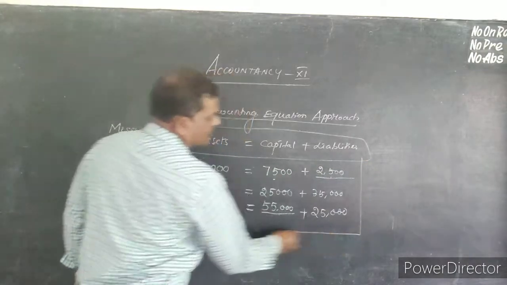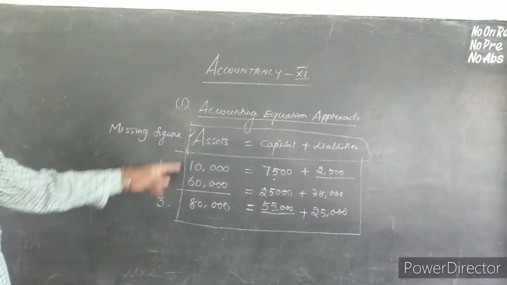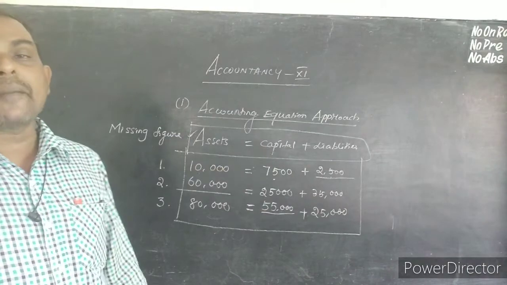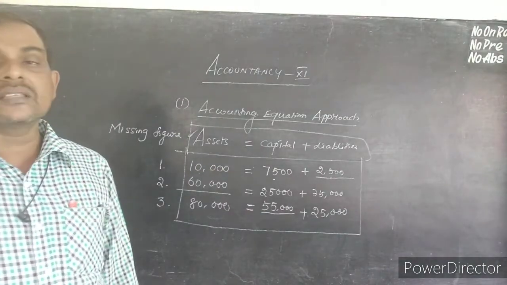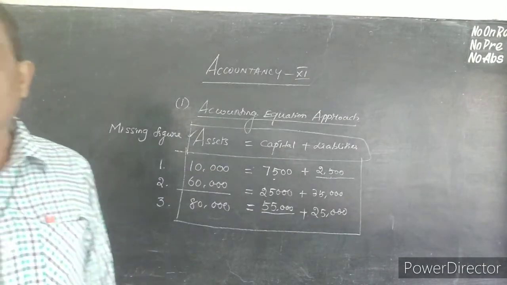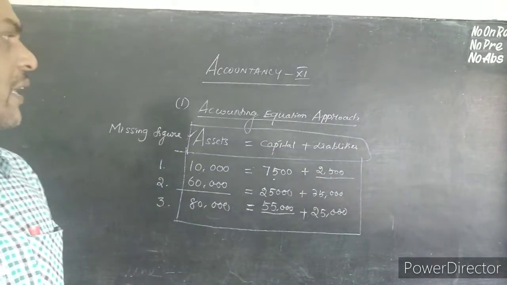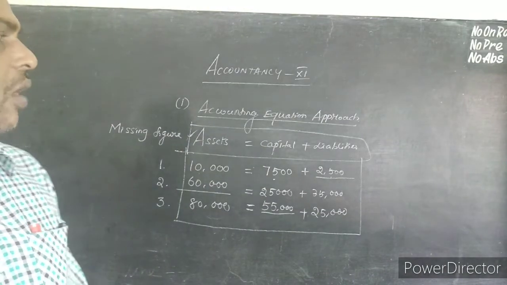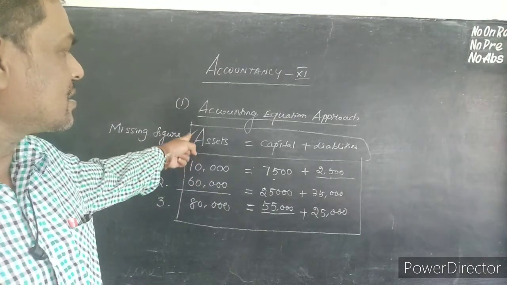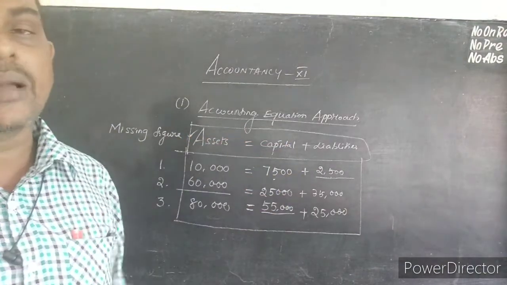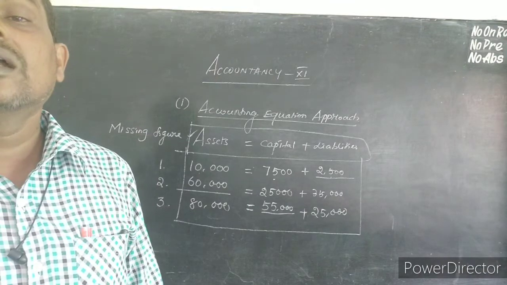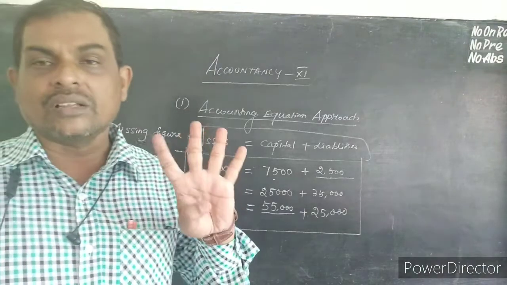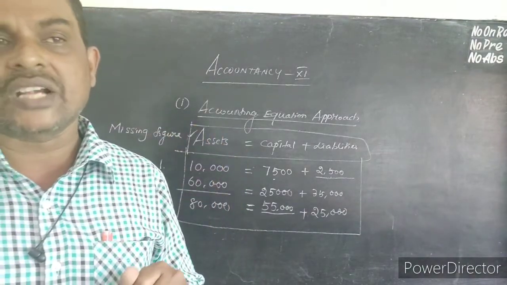Now, based on the same formula, assets is equal to capital plus liabilities, we will do one more sum, that is also the accounting equation approach. These are 3-mark or 5-mark sums. We have to tally assets equal to capital plus liabilities with the given transactions. They will give 2 or 3, or 4 or 5 transactions.